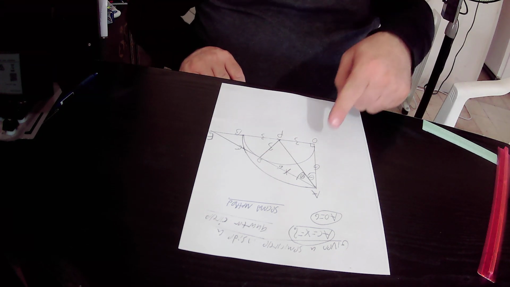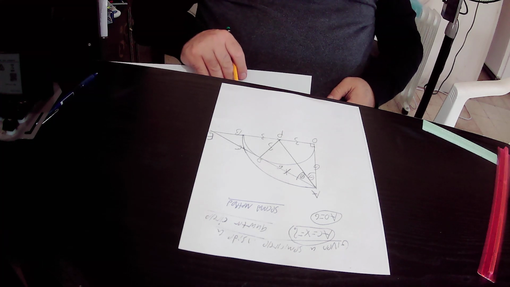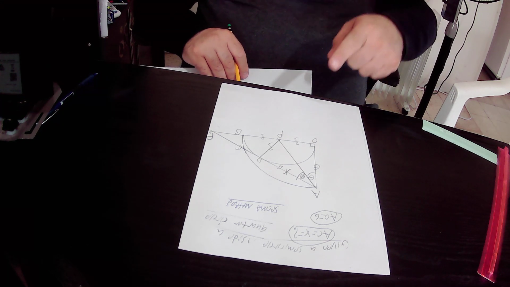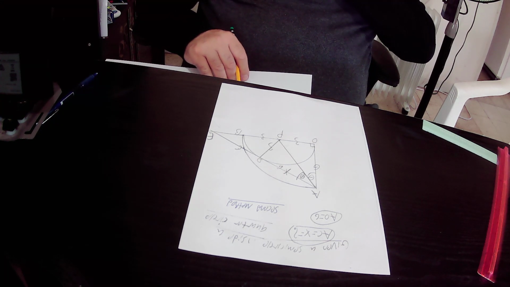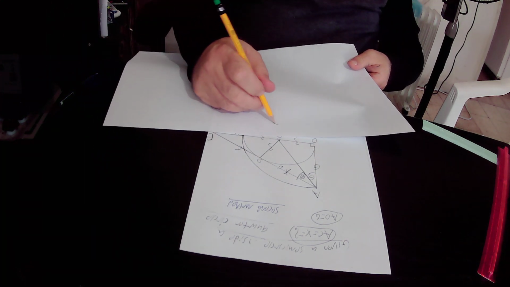So I'll copy the right triangle OAE in a new page, and we will implement the angle bisector theorem in this right triangle OAE.